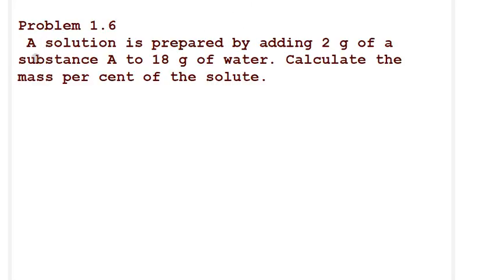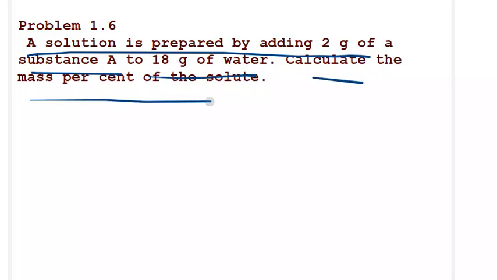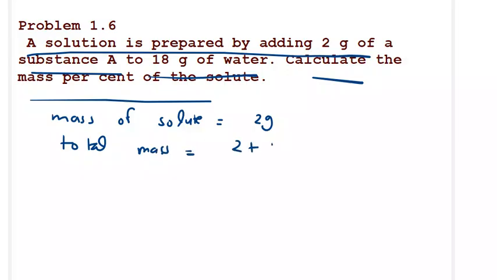A solution is prepared by adding 2 gram of substance A to 18 gram of water. Calculate the mass percent of the solute. Here mass of solute is equal to 2 gram. Total mass is equal to 2 plus 18 equal to 20 gram. Okay, we have to find out the mass percent of solute.